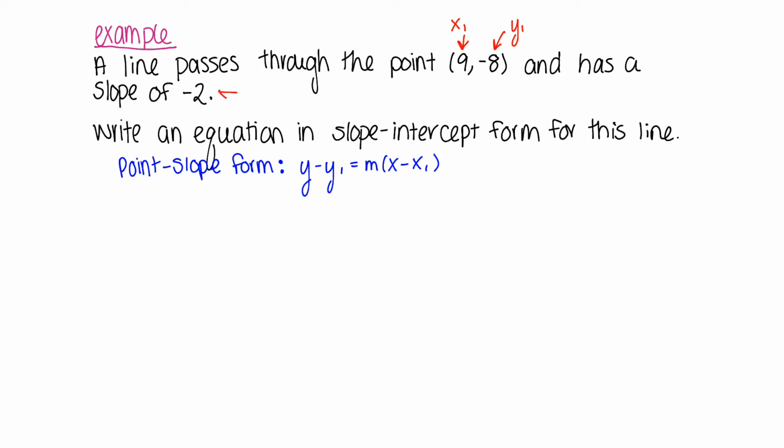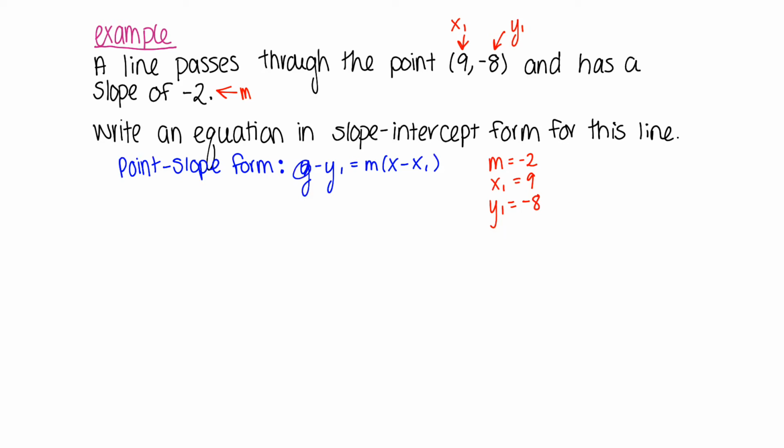Our slope is going to be -2. So we have m is equal to -2, x1 is equal to 9, and y1 is equal to -8. We are going to plug all of these values into our point slope form and then solve for y. So you'll leave regular y alone.